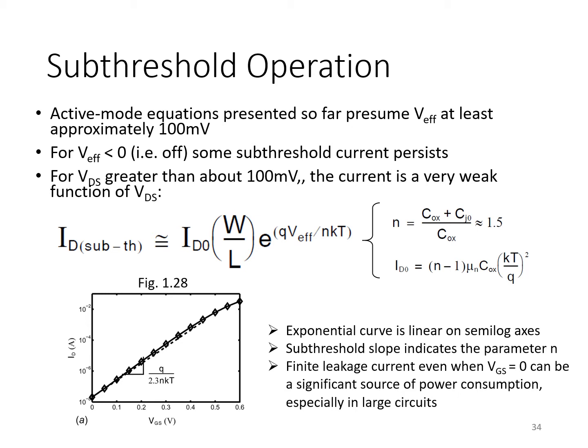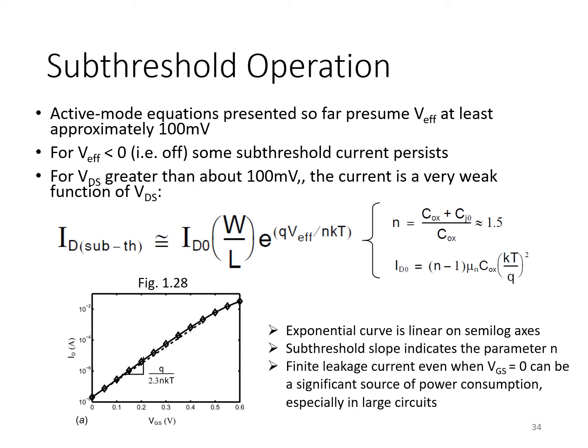That current can be thought of as a subthreshold current, also sometimes called a leakage current, especially when we have VGS equal to 0, in which case we would really expect the transistor to be off. And yet still, drain source current will flow if there's a non-zero drain source voltage. Now, in fact, for VDS greater than about 100 millivolts, the current's a very weak function of VDS in general.